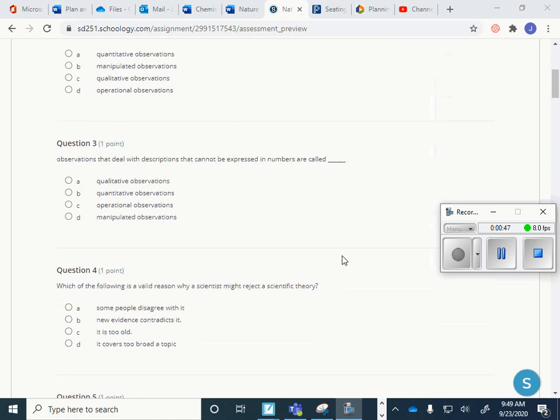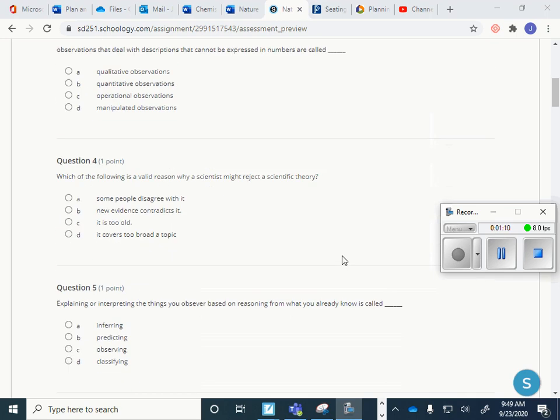Number 3. Observations that deal with descriptions that cannot be expressed in numbers are called either A, qualitative observations, B, quantitative observations, C, operational observations, or D, manipulated observations.